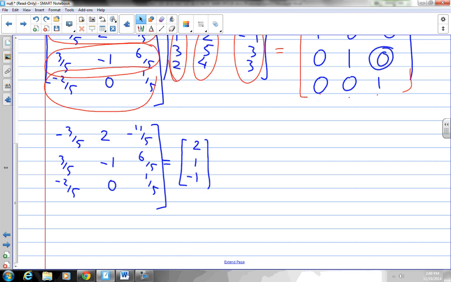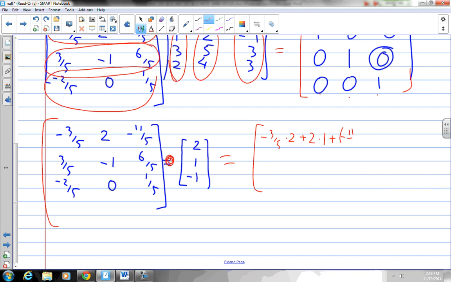So whatever that is, only it's a product now. Yeah, so all I have to do is going to be pretty fast, right? It's negative 3/5 times 2 plus 2 times 1 plus negative 11/5 times negative 1, right?